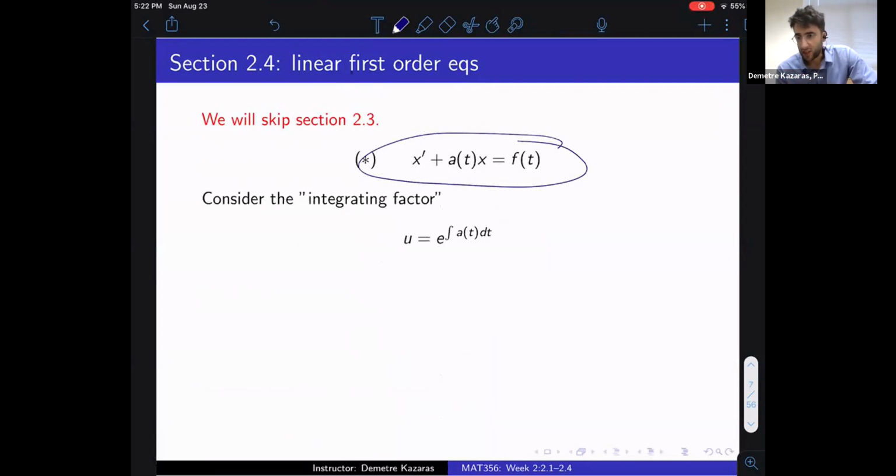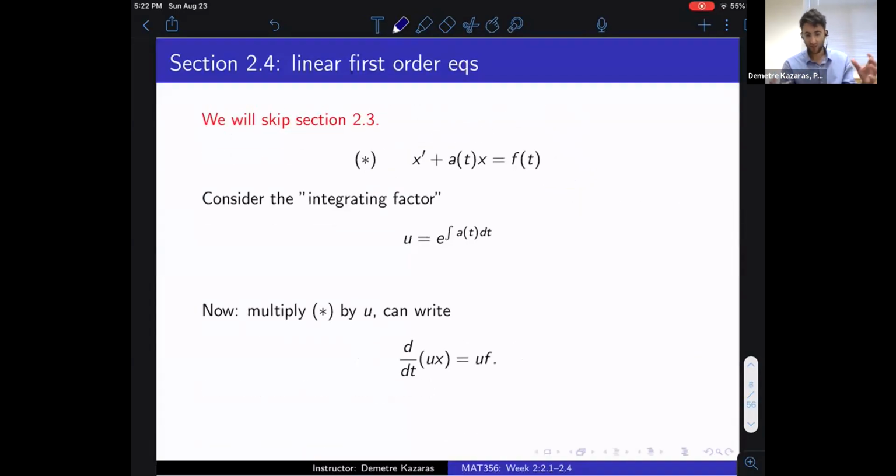Remember, to solve these equations we have the following procedure, a little trick, if you will. You calculate this auxiliary function, which at first glance doesn't have anything to do with anything, but it's e to the antiderivative of that a(t) term.